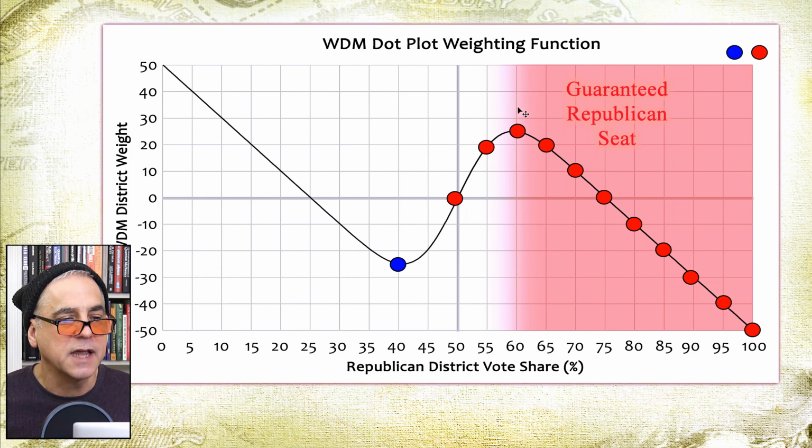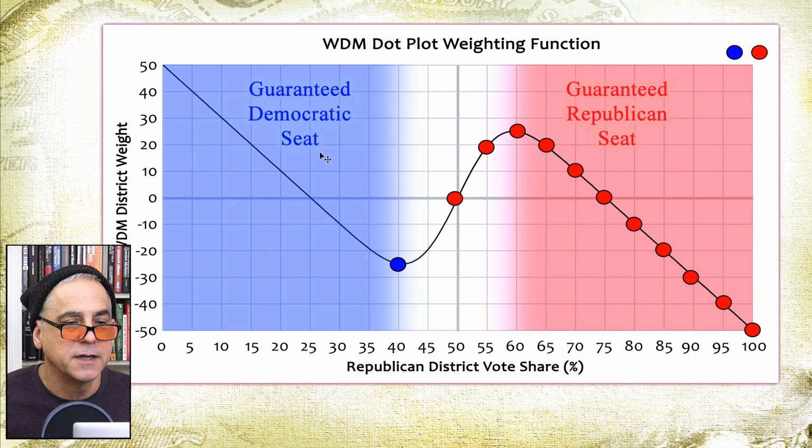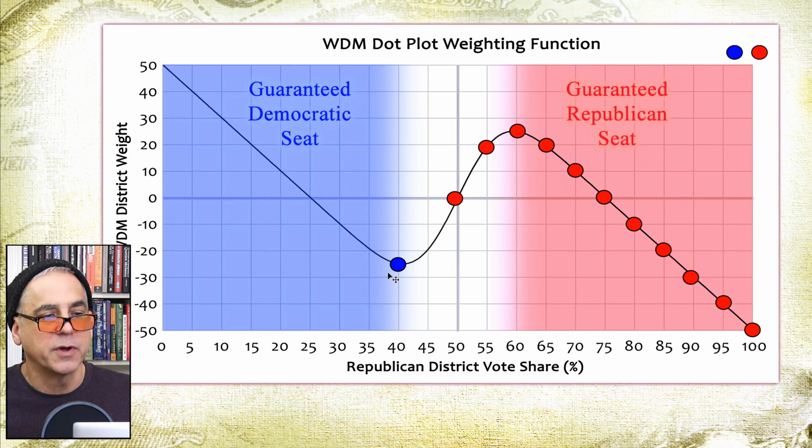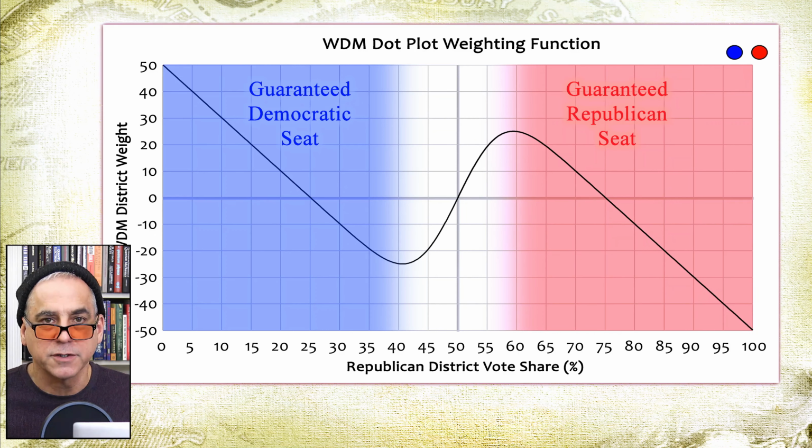And we can extend this line of thought with the rest of the dots, and the graph becomes symmetric around 50%. Again, below about a 40% Republican vote share, Democrats are guaranteed a seat. And vote shares past this point only pack more and more Democrats into the district, ultimately benefiting Republicans. And we have created the weighted districts method weighting function.